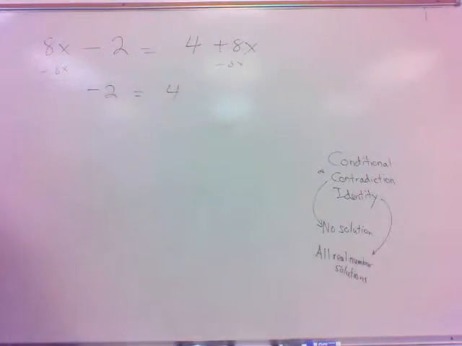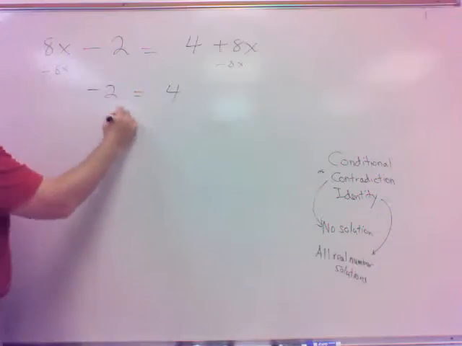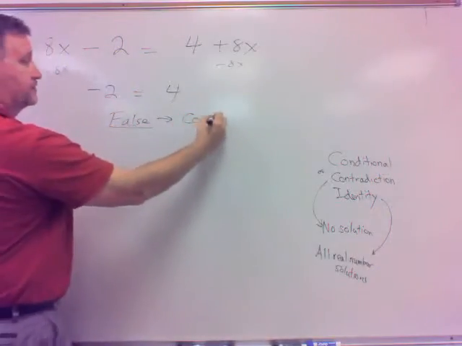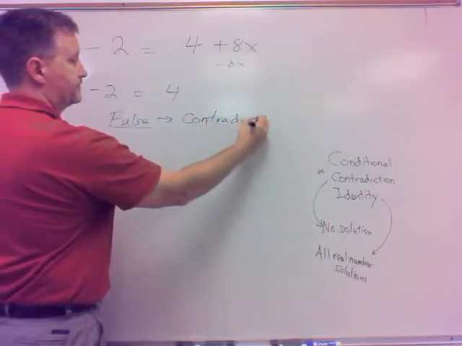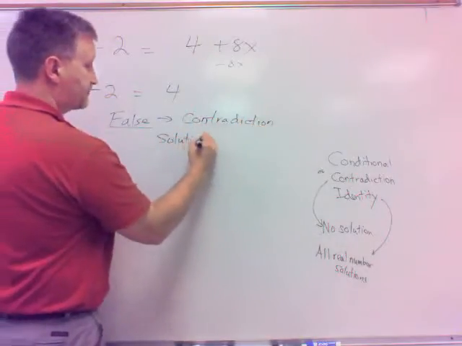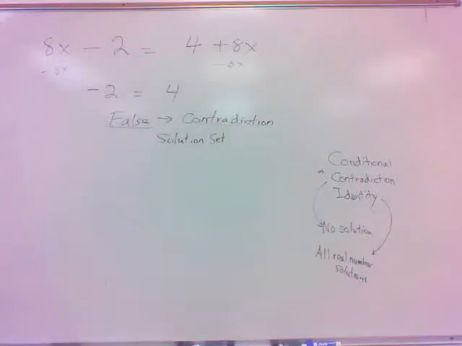The right side, the 8x minus 8x is 0, so I wind up with 4. The x terms go out. And so based upon what you're left with, you've either got a contradiction or identity, and of course, if it's a false statement like this, it's a contradiction, right? And then the solution set, if it asks about that, is no solution, right?